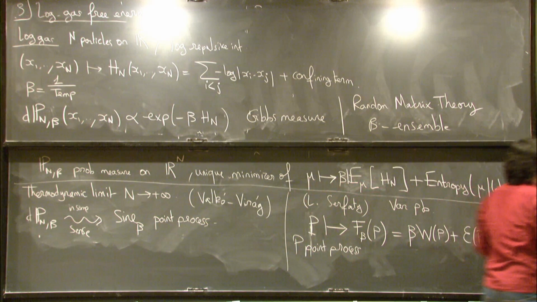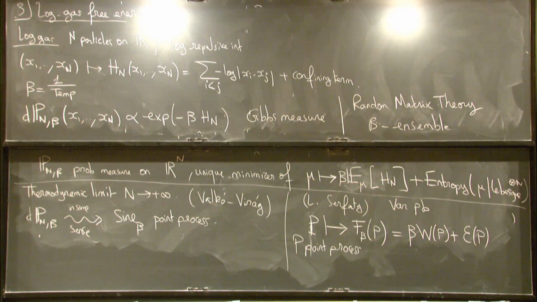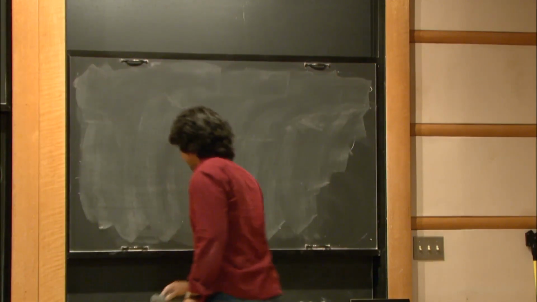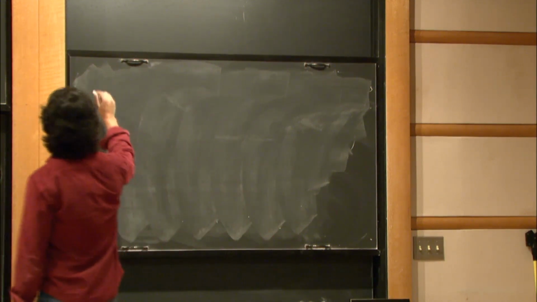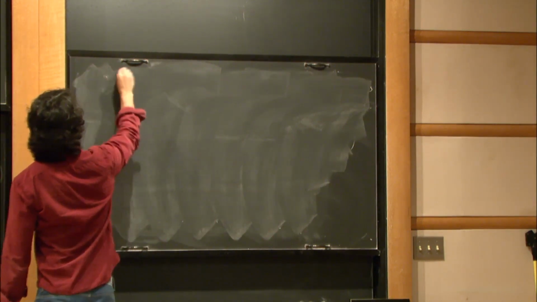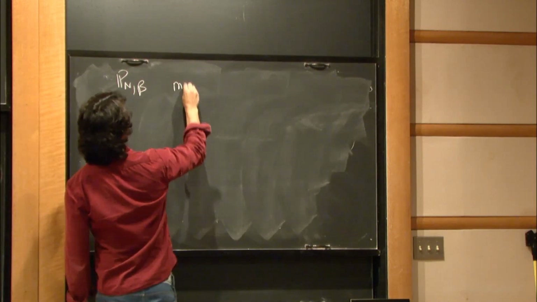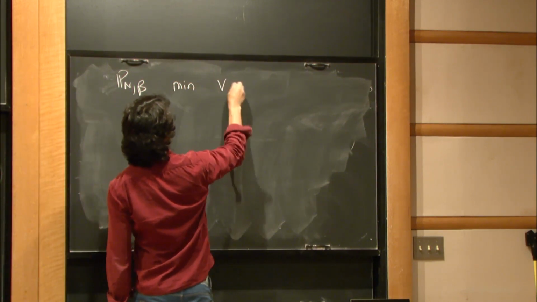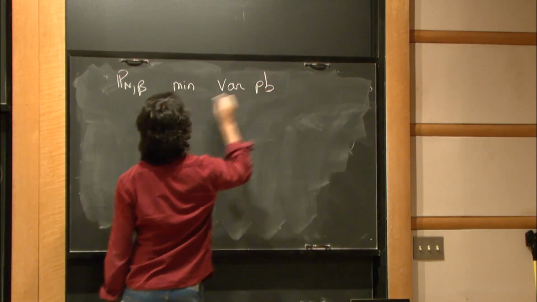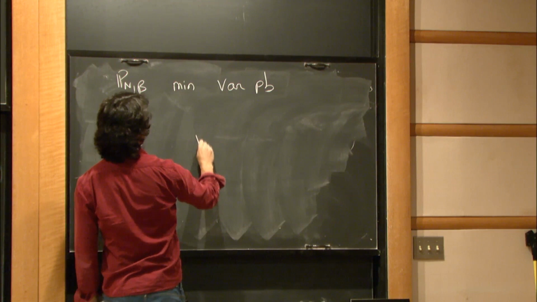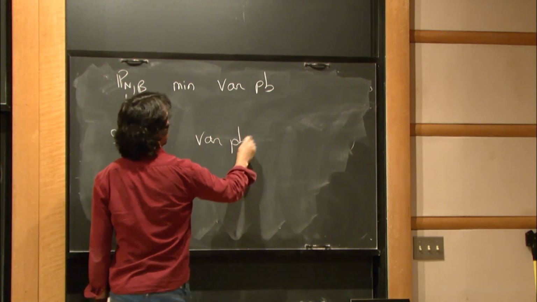And here's what I'm going to explain a little bit about W and E in a minute. That's just a functional at the level of point processes. And so what is known is that P and beta minimizes a certain variational problem. It converges to sine beta, for which we have a variational problem.